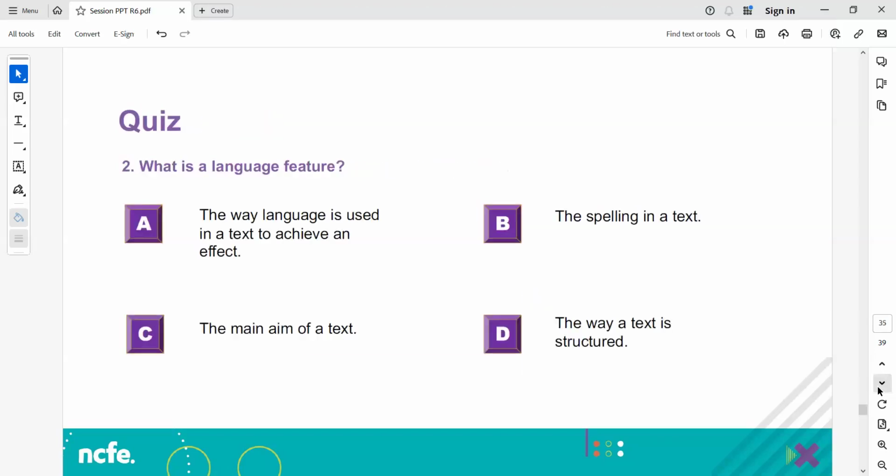Why is it written? So what is a language feature? The way language is used in a text to achieve an effect, spelling, the main aim of a text, or the structure.